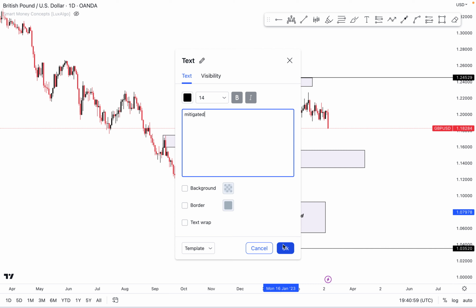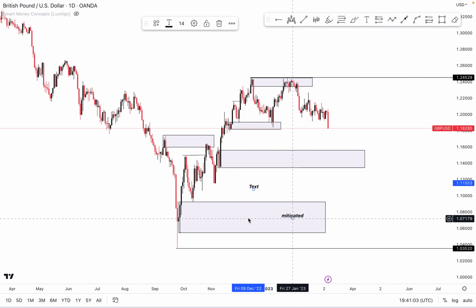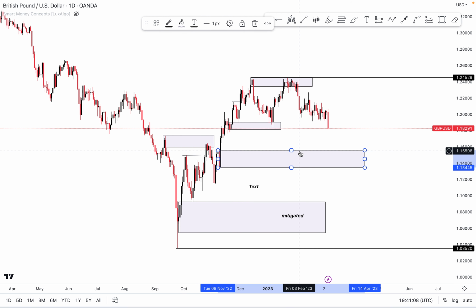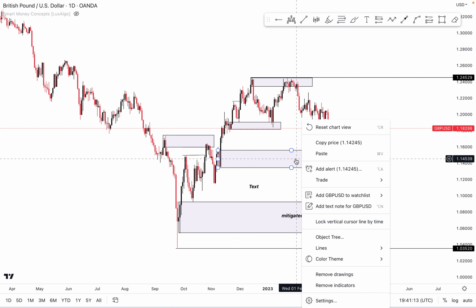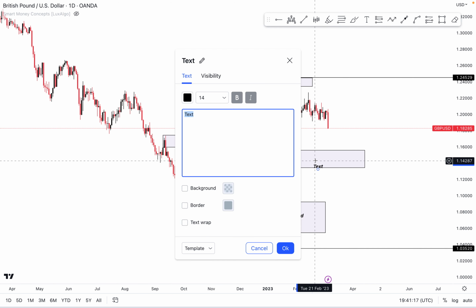It will guide you. Mitigated. This supply zone, this demand zone was mitigated. This one, this supply zone here, this demand zone, sorry, was unmitigated.